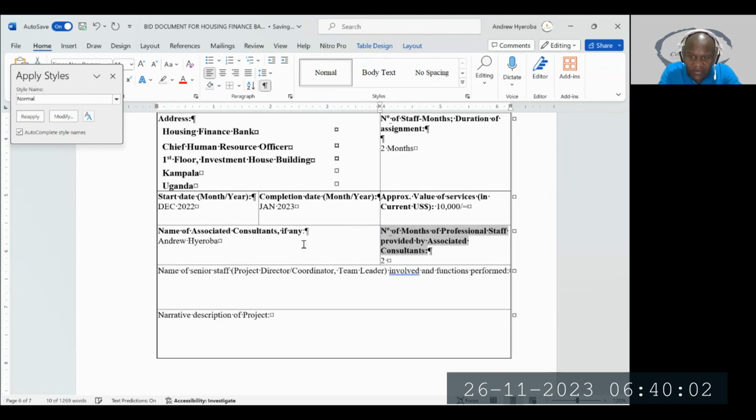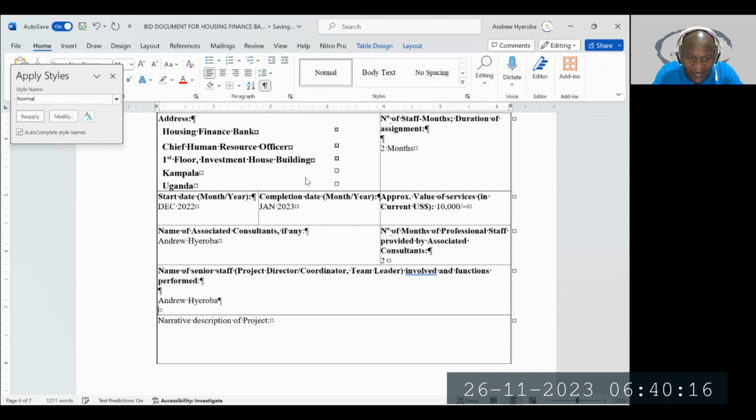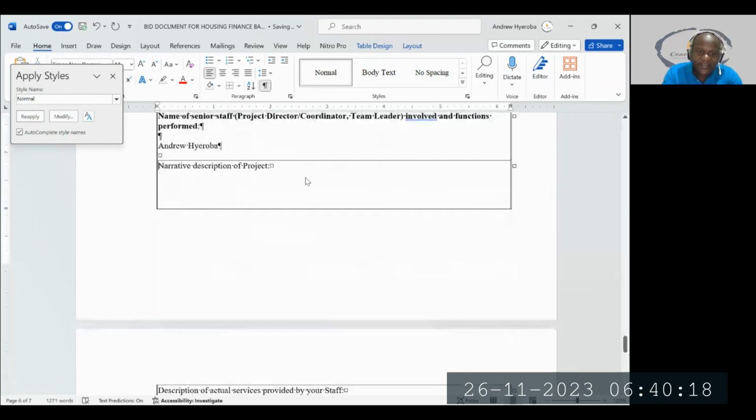So, name of senior staff, project director, coordinator involved, and functions performed. You get that? So who was the team lead here? I'll just put my name again and then the other name. You get that? Then narrative description of the project.